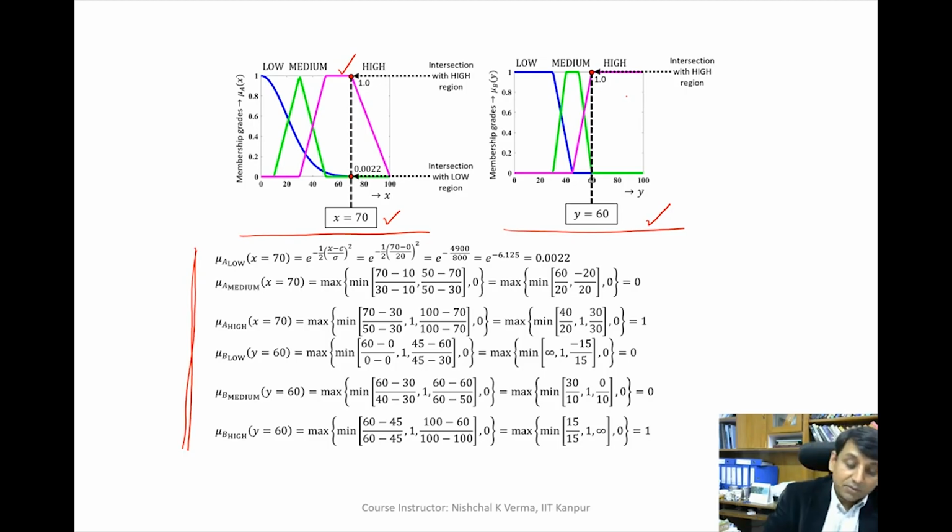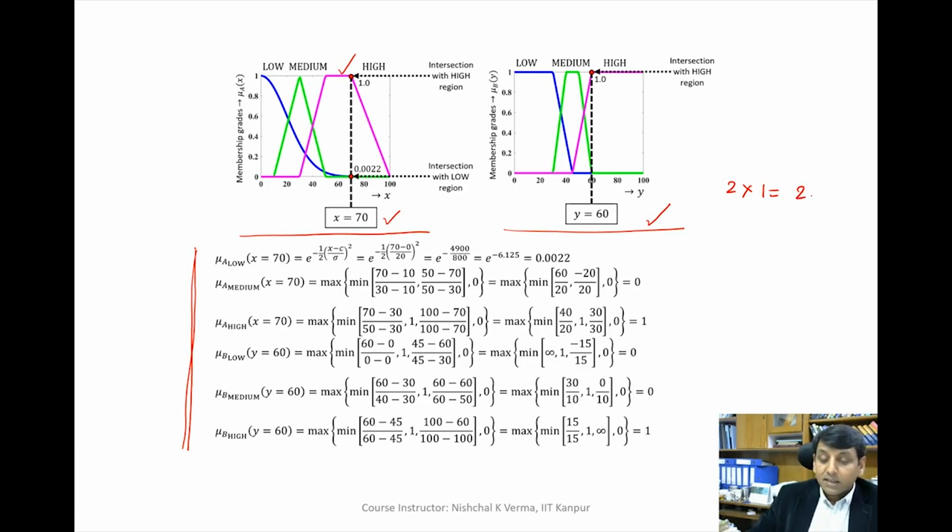So we have two points of intersection for the first input generic variable, and for y is equal to 60 only one fuzzy region is relevant. So 2 into 1 gives us two combinations. What are those two combinations?